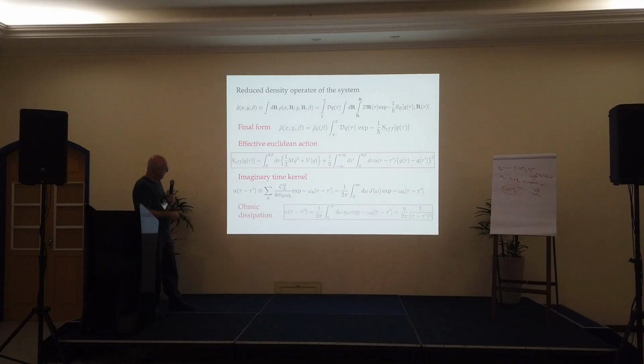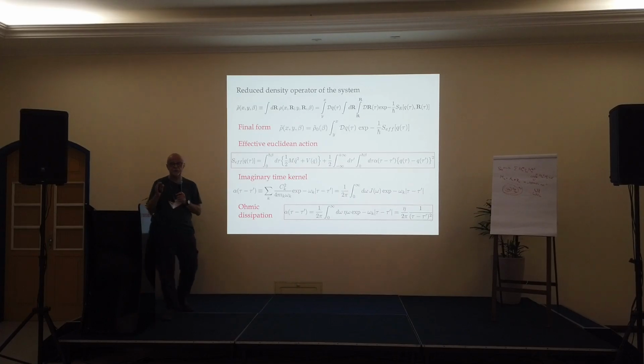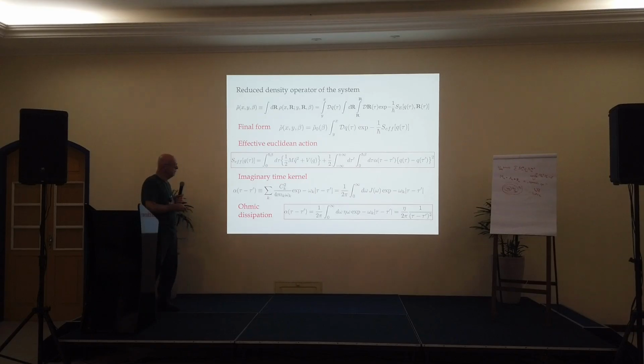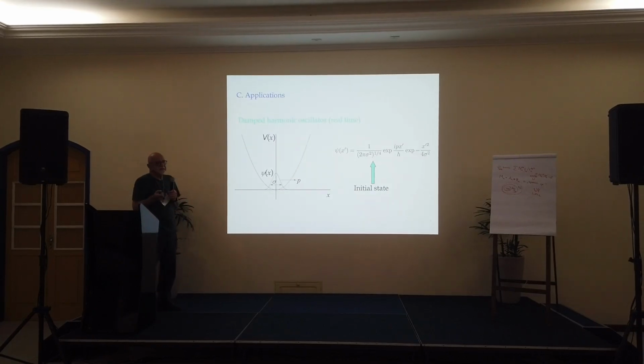And for ohmic dissipation, which is my main goal here, it is given by that. So it's 1 over tau minus tau dash squared in here. That's the effective action we have to play with if we want to address systems in thermal equilibrium. Good. Now let's start with some applications.